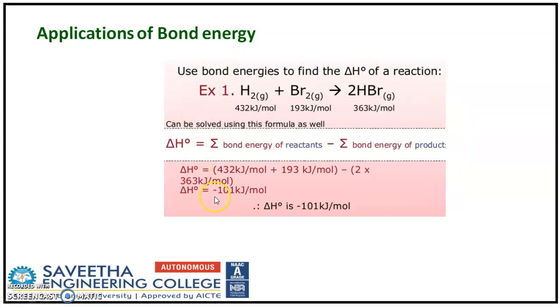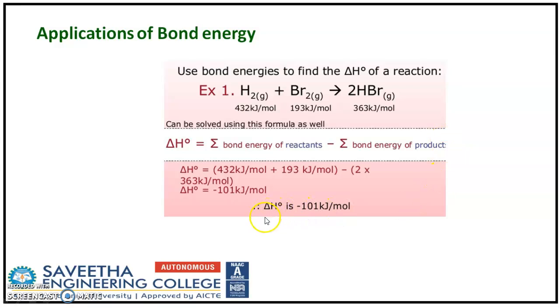And this is the other method for calculating the delta H of a reaction. Here, for calculating the delta H naught value, they have subtracted the bond energies of the reactants from the bond energies of the products. So delta H naught is equal to the bond energy of the reactants, hydrogen and bromine, added together, subtracted from the bond energy of the product.